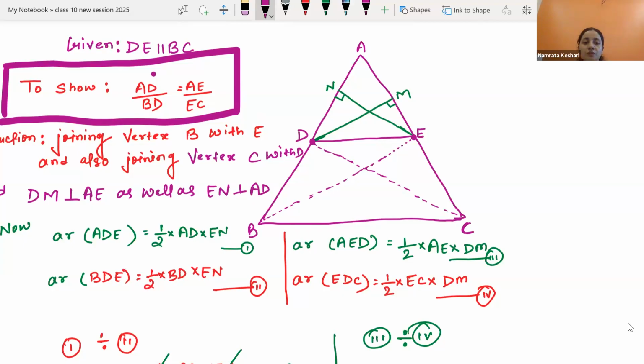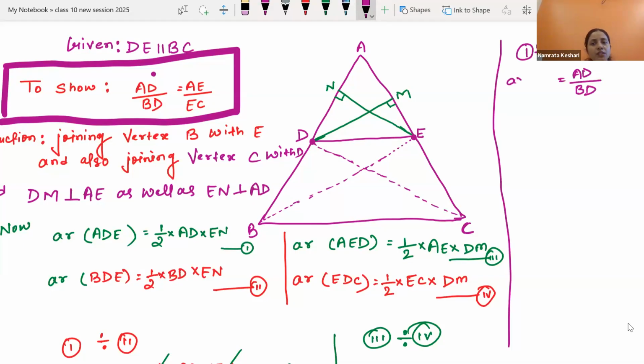Yes, ma'am. When you divide equation 1 by equation 2, you will be getting AD by BD on RHS. And LHS will be area of this, area of that. That is fine, but the RHS will be AD by BD. That's why we are doing the division.